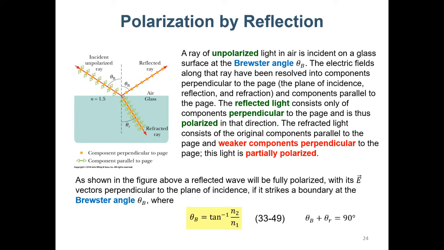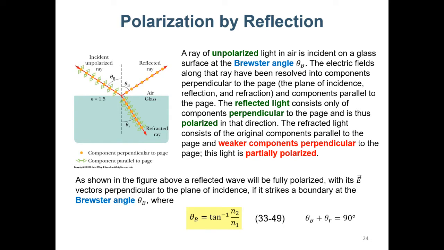If we take the sine of this, this angle is something like n2, n1, and this is theta b.